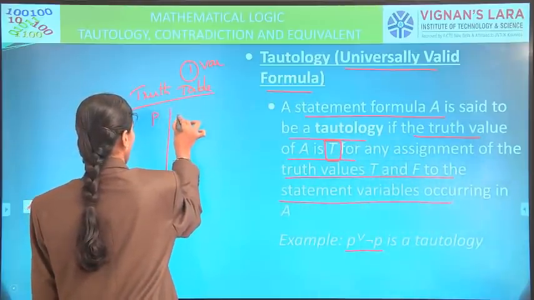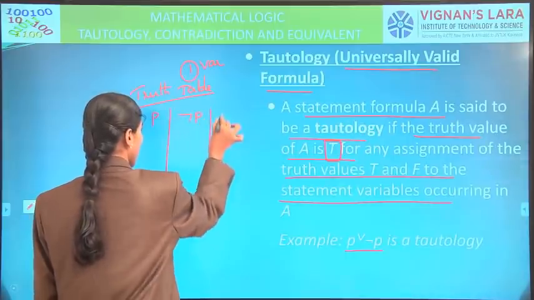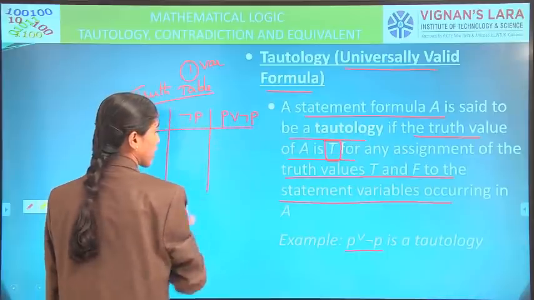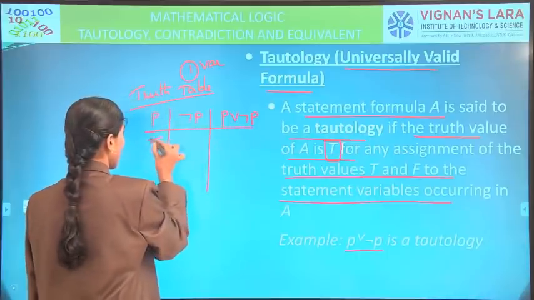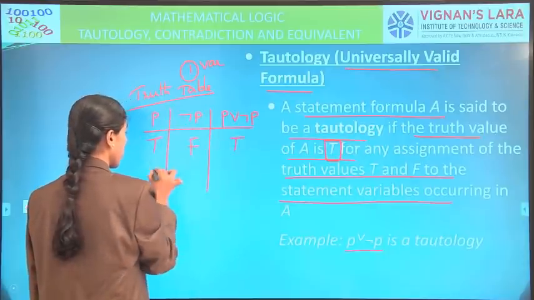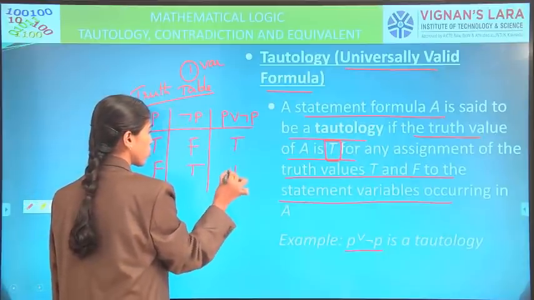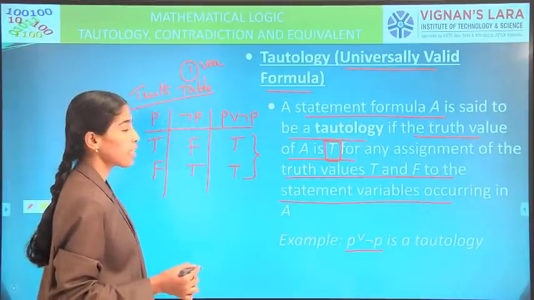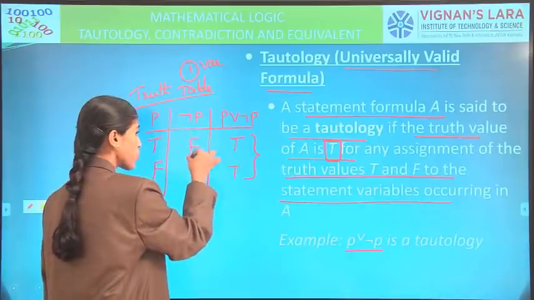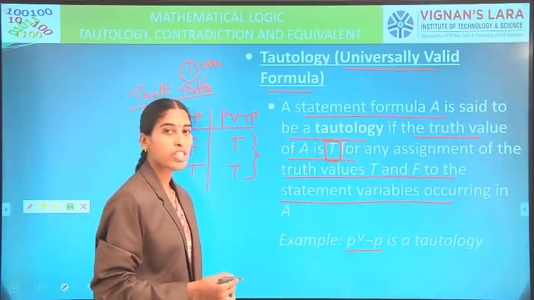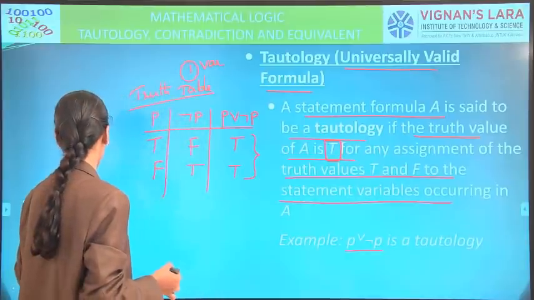P, then negation P, then P or negation P: true, false, true; false, true, true. For all the combinations, P or negation P is true. For all the truth values, it is true. Therefore, P or negation P is a tautology.